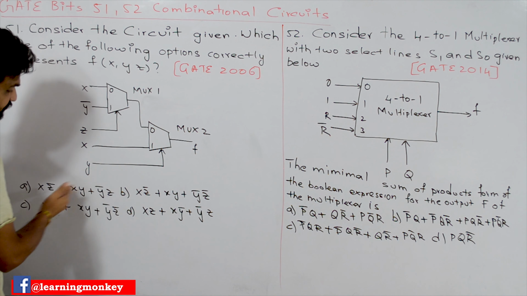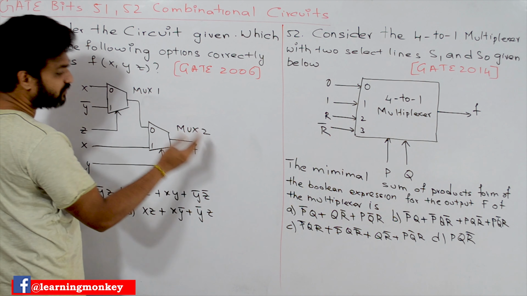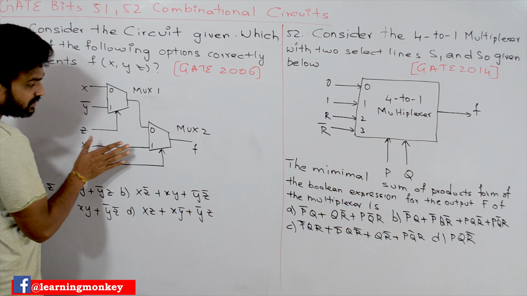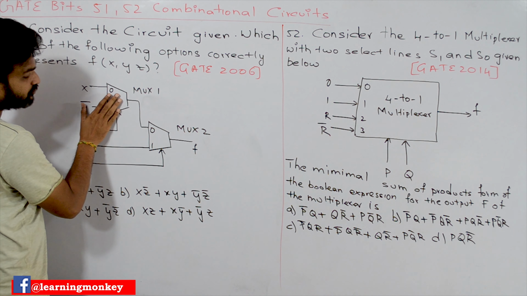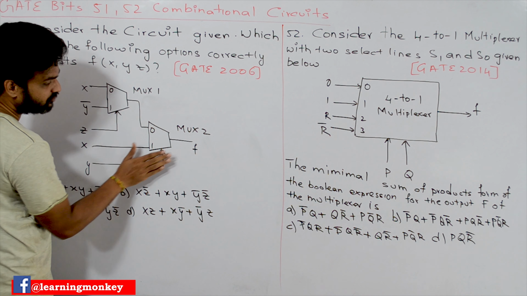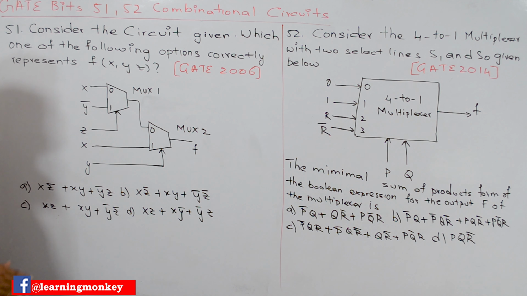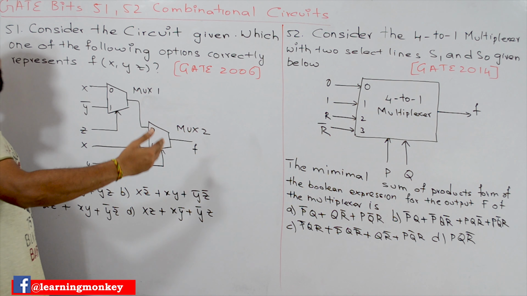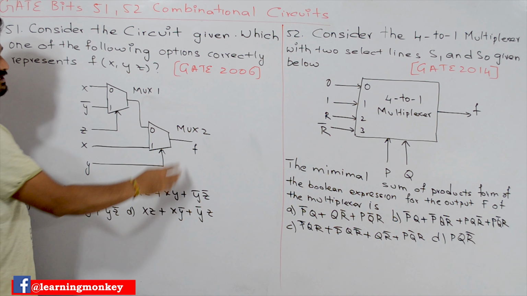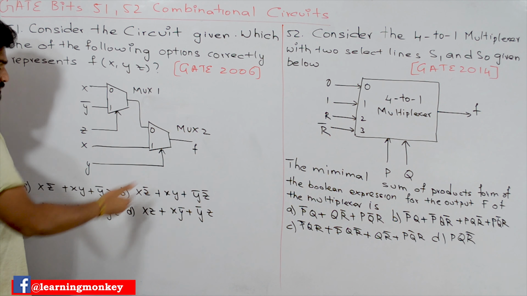To solve this, we have to find the output for each and every multiplexer. First we solve the output generated by this multiplexer, because it is provided as an input to another multiplexer. Later, we find the output generated by the next multiplexer. Then by the output generated at f, we compare with the options and find the correct answer.